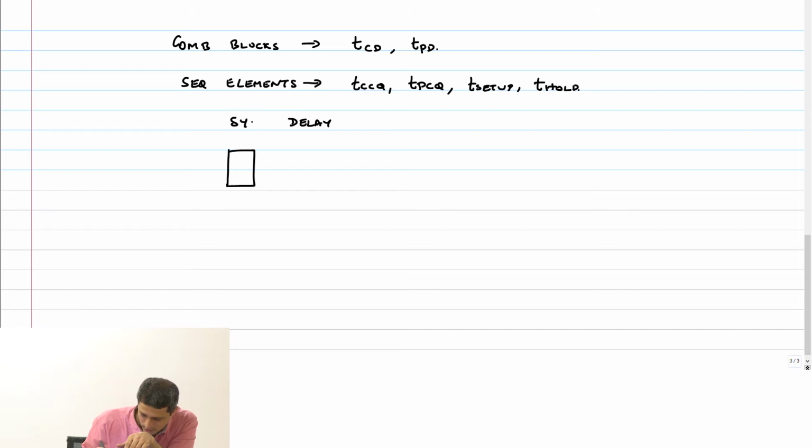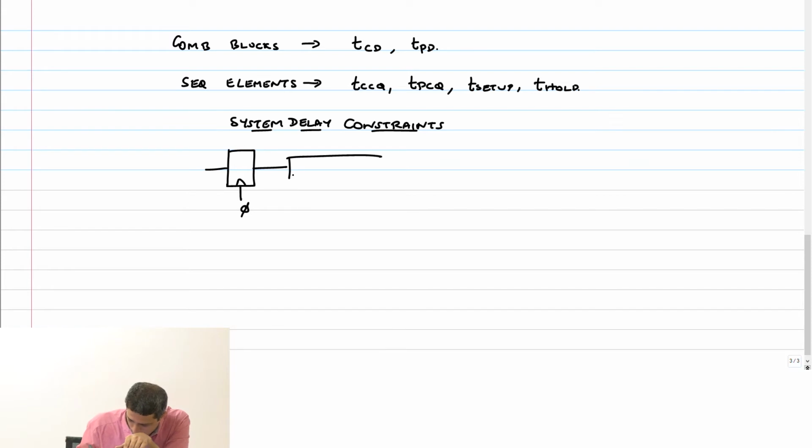So let us start with a basic flop based system, and I'll call it system delay constraints, right? So I have a flop with a clock. This is going to go through a combinational block, okay, and we're going to come and sit here with another flop, okay.